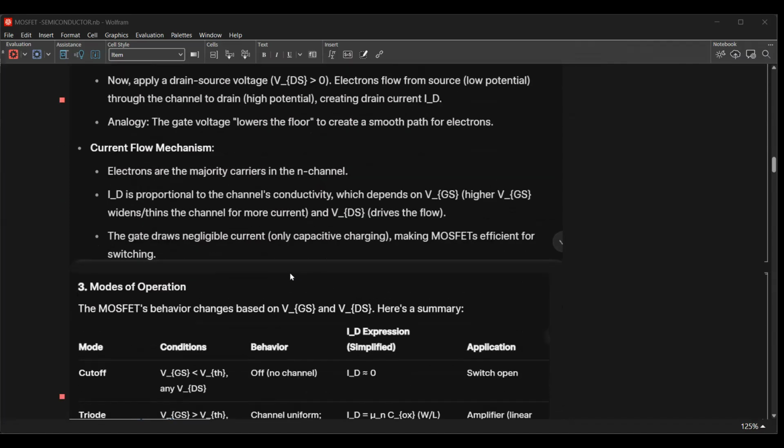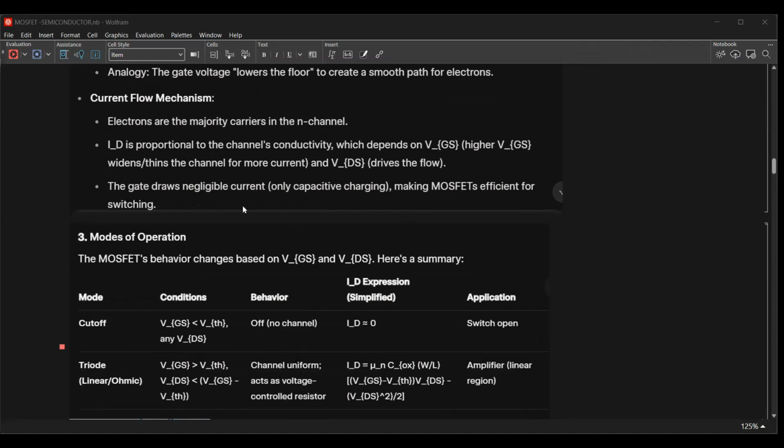Current flow mechanism: electrons are the majority carriers in the channel. The drain current ID is proportional to the channel's conductivity, which depends on the gate-to-source voltage. A higher VDS widens or thins the channel for more current, and VDS drives the flow.